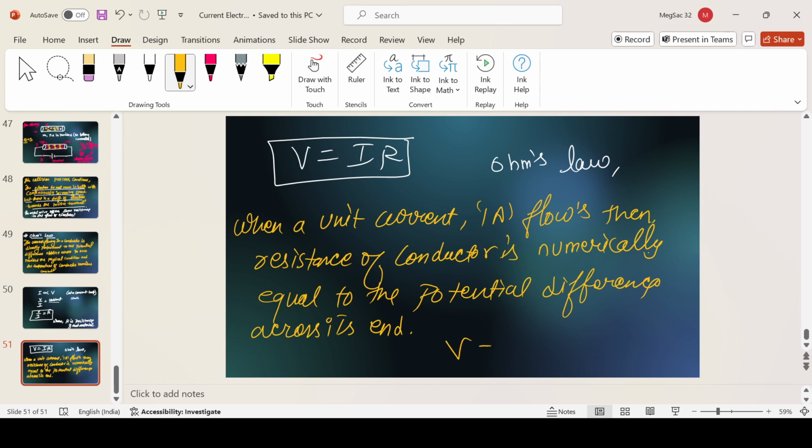That means now V will become equal to R when I is equal to 1 ampere. Got it everyone? Is it easy right now? Yes, sir.